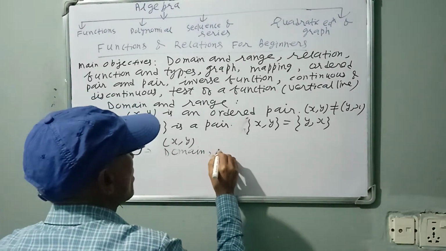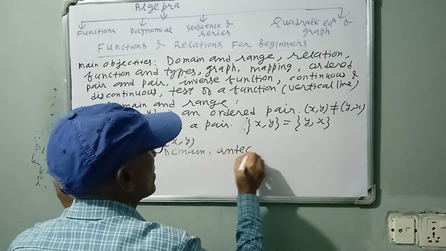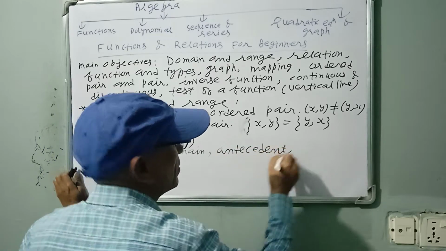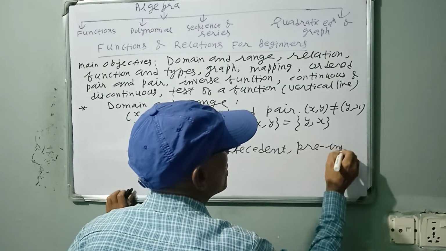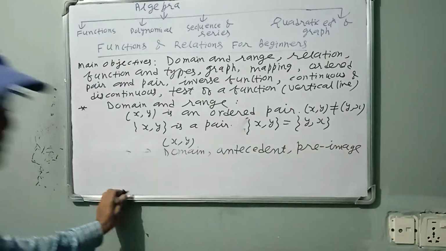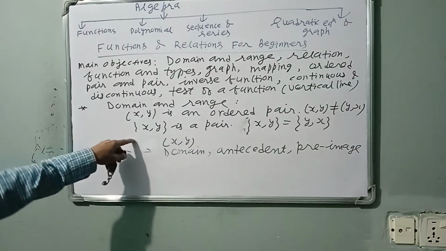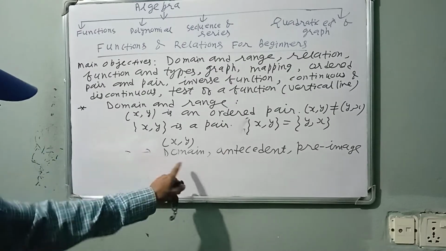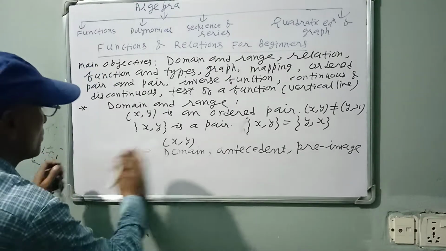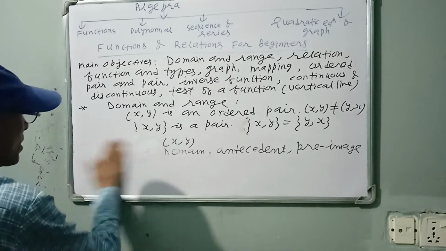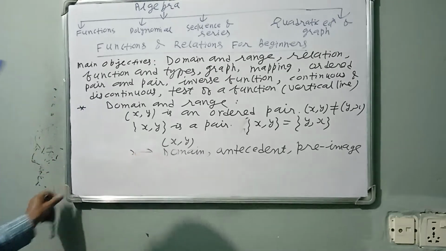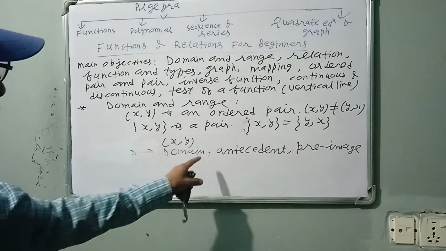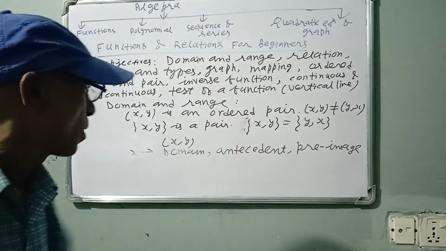It is also called antecedent, or it is also called pre-image. What is the pre-image? It means find the value of x. So the first element x is called domain, antecedent, or pre-image.